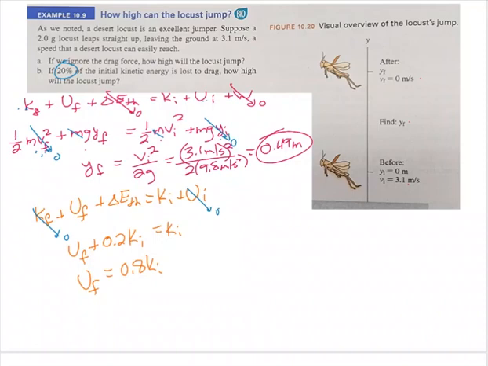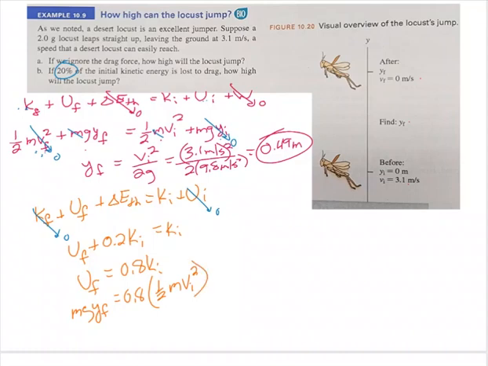Okay. So now I can convert. I have mg y final equals 0.8 times the KI, which is 1/2 m v initial squared.